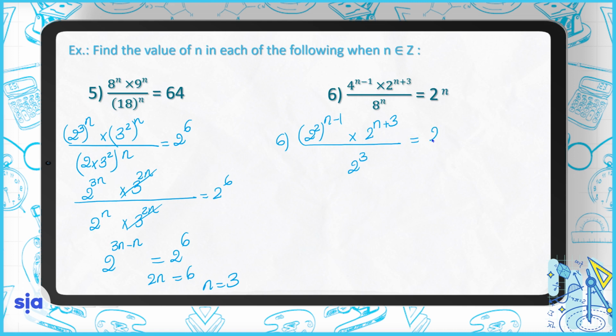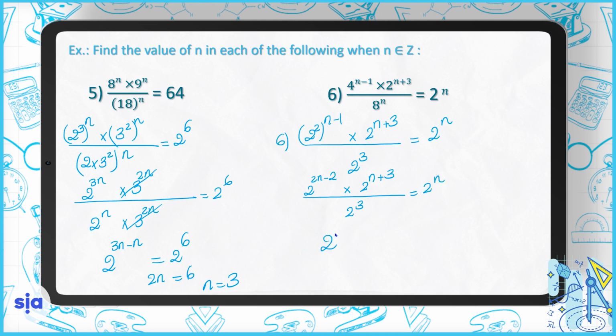And this is equal to 2 to the power of n. To simplify this more, it's 2 to the power of 2n minus 2 multiplied by 2 to the power of n plus 3 over 2 to the power of 3 equals 2 to the power of n.